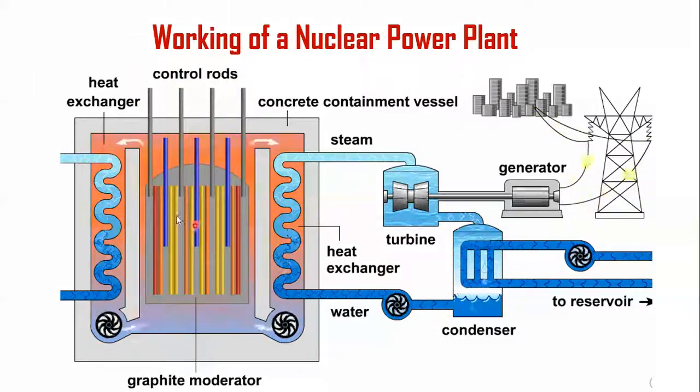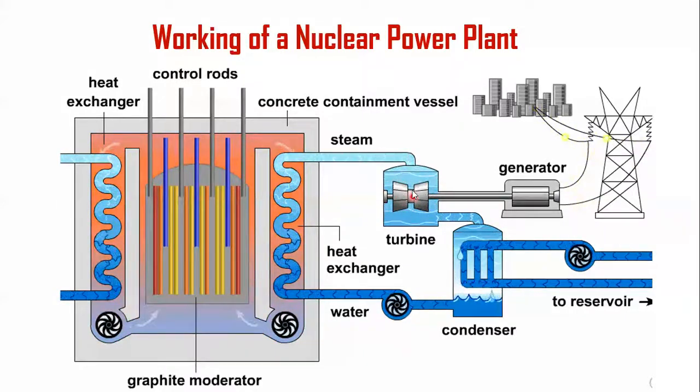Okay. So here the nuclear fission takes place. From the nuclear fission, heat is developed. That heat is transferred to the heat exchanger. So in the heat exchanger, cold water is passed through this. This cold water becomes steam due to the heat, and this steam is sent to the steam turbine.